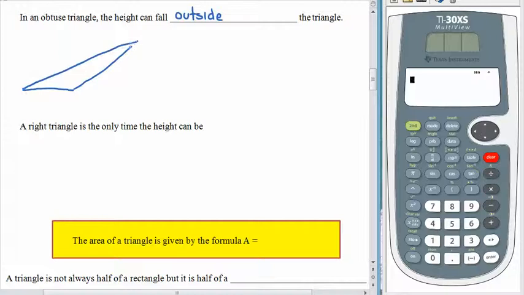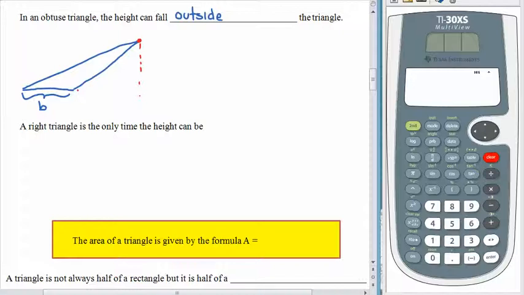So this is sort of a leaning triangle, but the base is right here. How tall is this triangle? Well, we'd come up here and say, how tall is it? And of course we'd drop a little string or something straight down and say, well, it's this tall. And well, where is that?